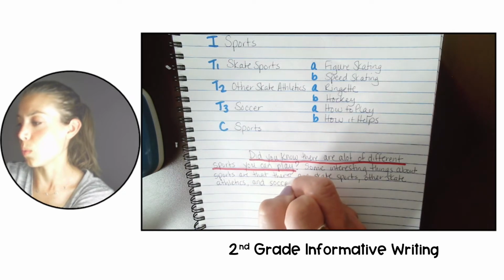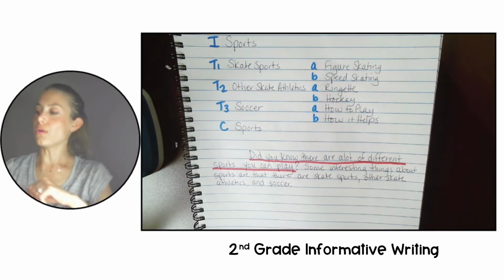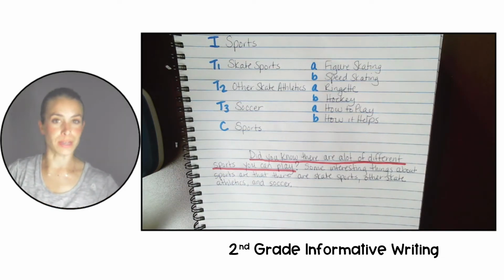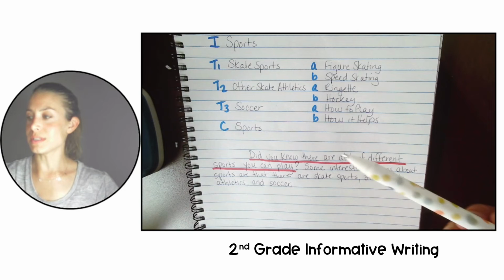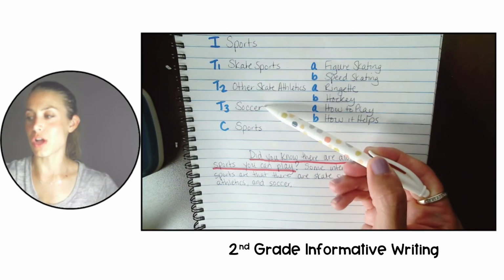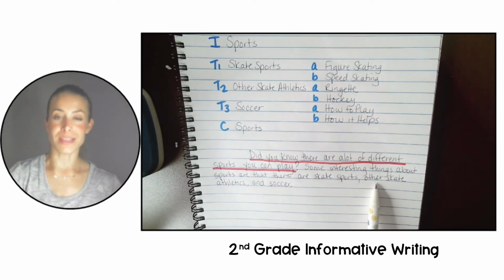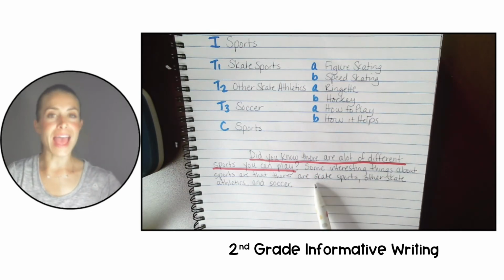So I created one sentence that states all 3 of the topics that I'm going to focus on. As you can see, I have skate sports, other skate athletics, and soccer up here. And it's in the same order down here in my sentence. I also had to add some words for it to make sense.